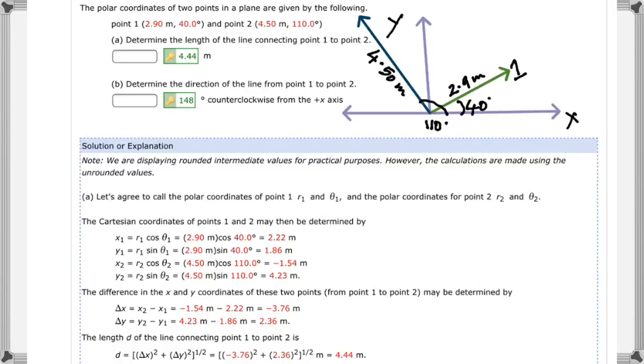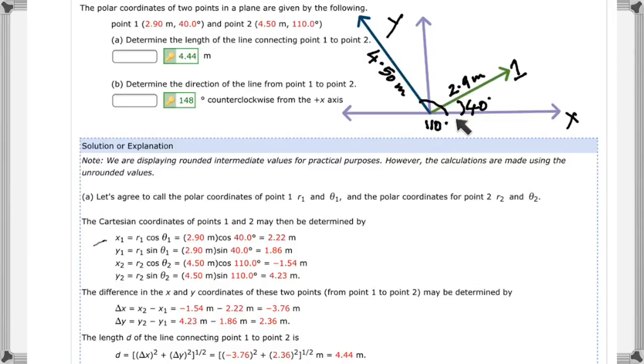Now to do that, as illustrated below, you can see that you have to break up the vectors along the x and the y. So for the first one, you have x1 given here as 2.9 cosine 40, because it's going to be the adjacent side, right?